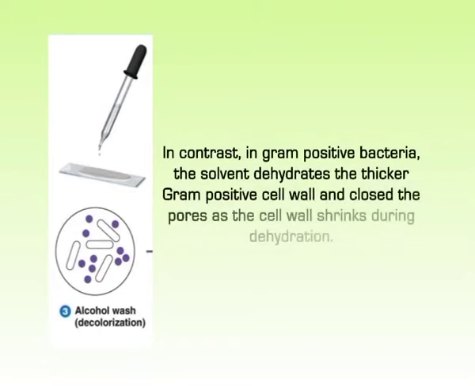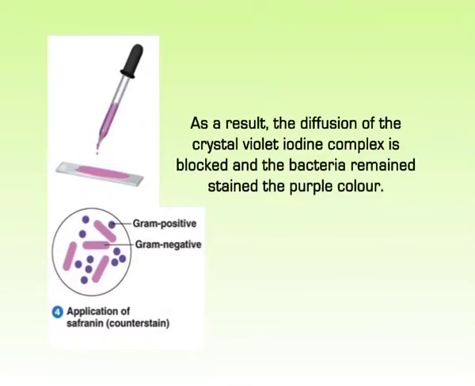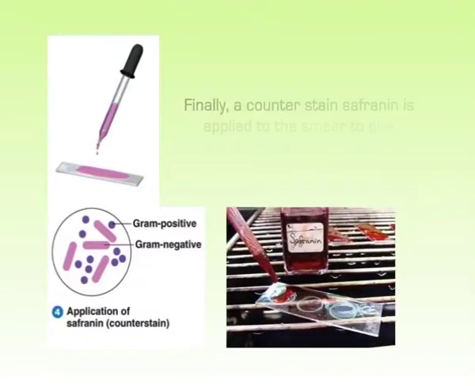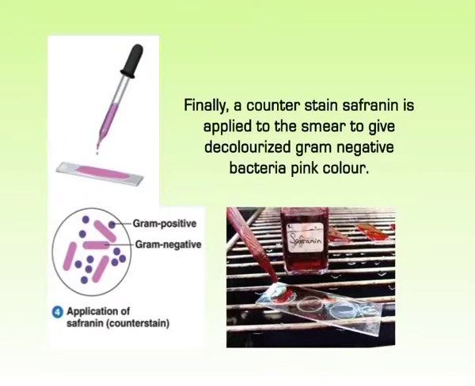In contrast, in gram-positive bacteria, the solvent dehydrates the thicker cell wall and closes the pores as the cell wall shrinks during dehydration. As a result, the diffusion of the crystal violet iodine complex is blocked and the bacteria remain stained purple. Finally, a counterstain known as safranin is applied to the smear to give decolorized gram-negative bacteria a pink color.